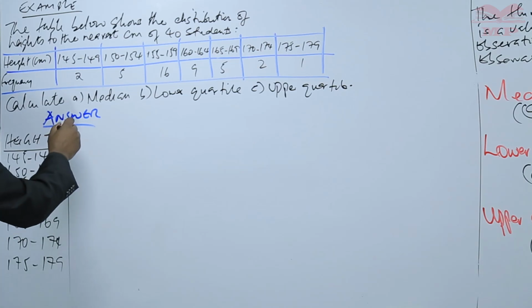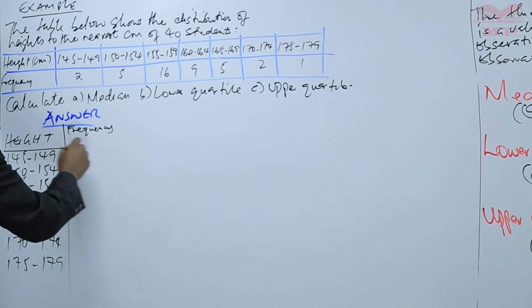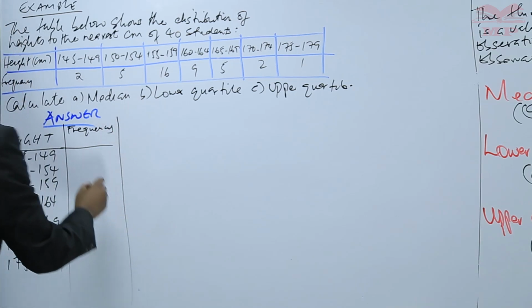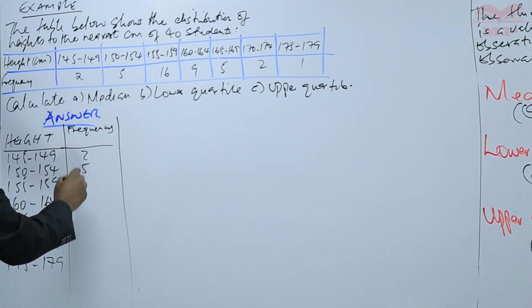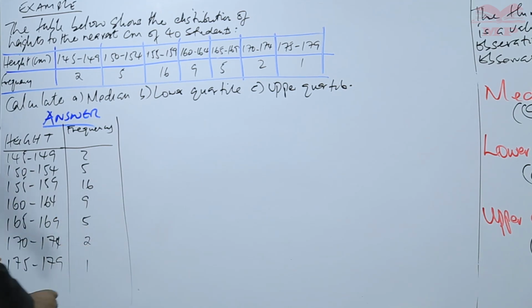Then frequency we have 2, 5, 16, 9, 5, 2 and 1.